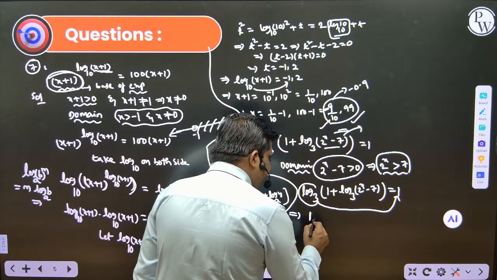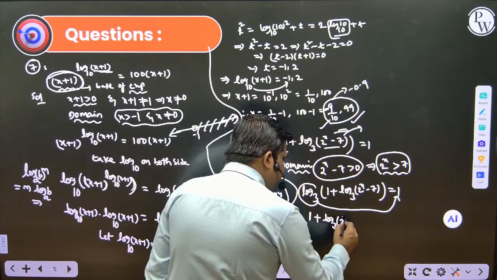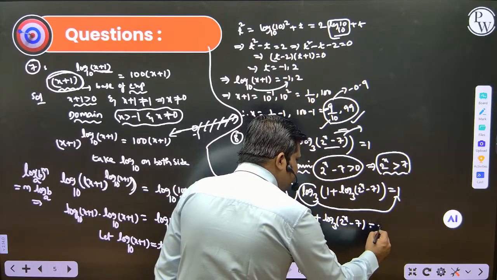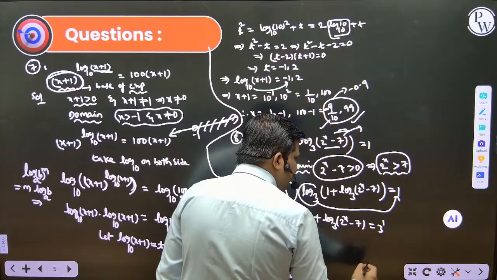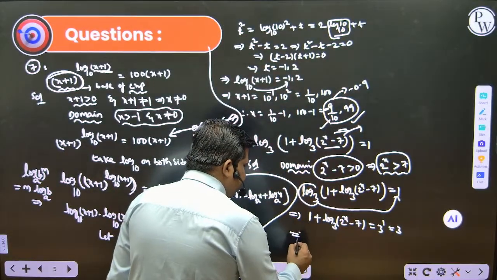Then 1 plus log base 3 of (2 power x minus 7) is equal to 3 power 1, which is 3.